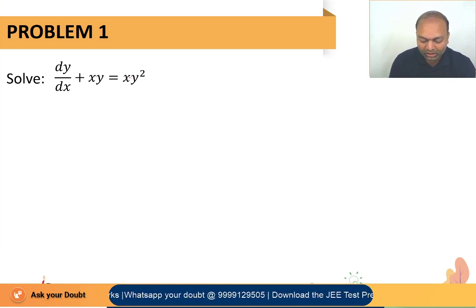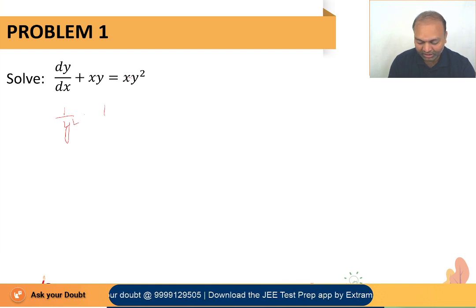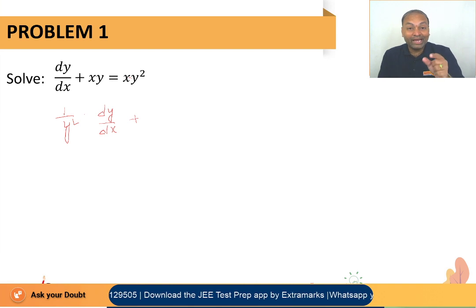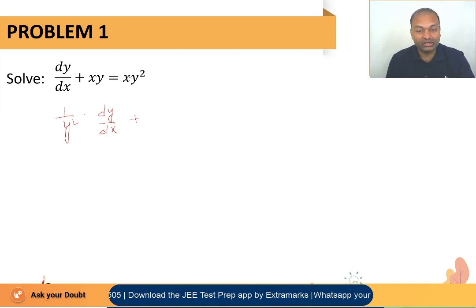So 1 by y square dy by dx plus x y by y square. Correct or not?